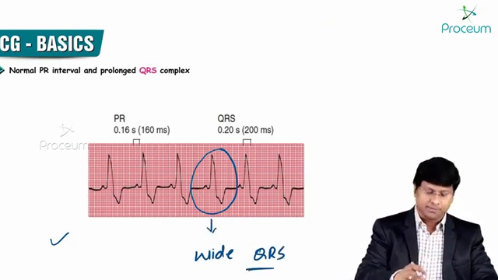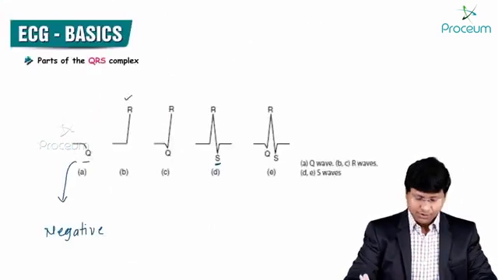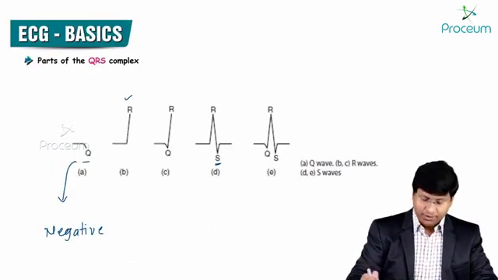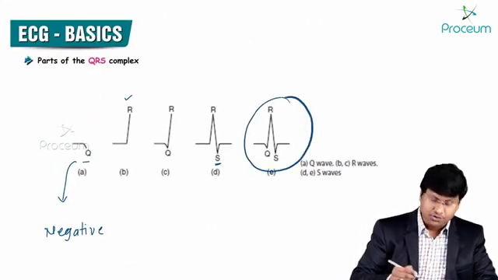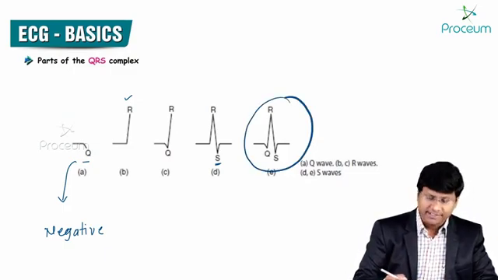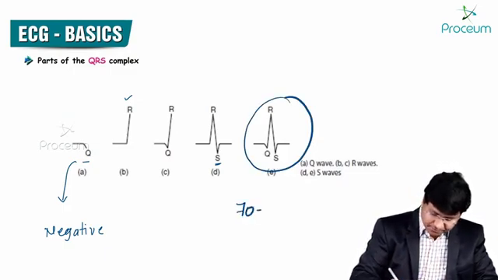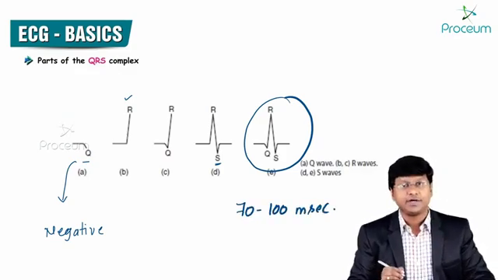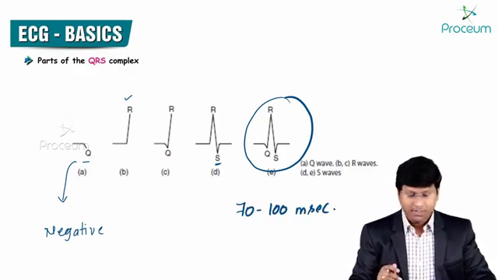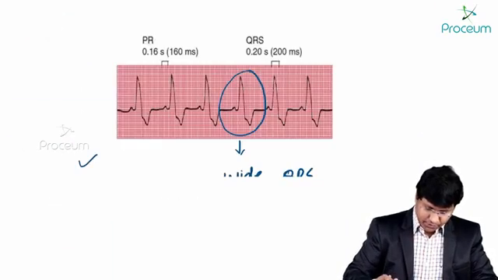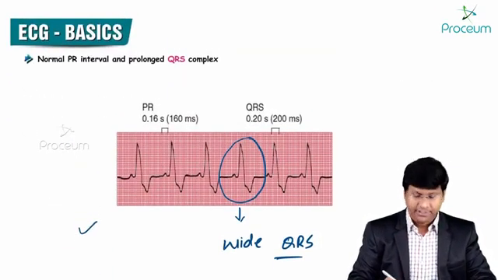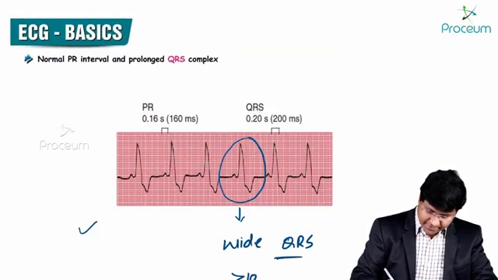I have shown you the normal QRS complex. You see here, this is your normal QRS complex. The normal QRS duration is 70 to 100 milliseconds. Whereas if you take the QRS complex here, it's a wide QRS complex. The duration is more than 100 milliseconds.